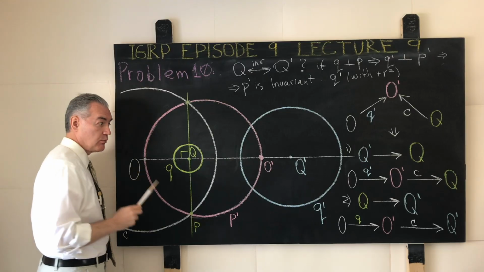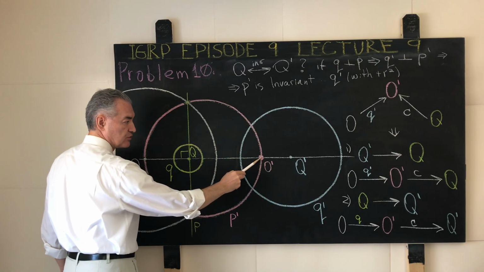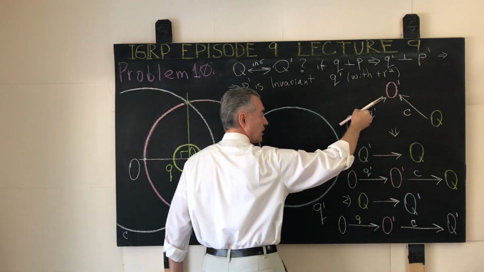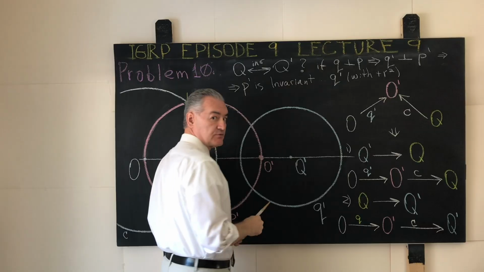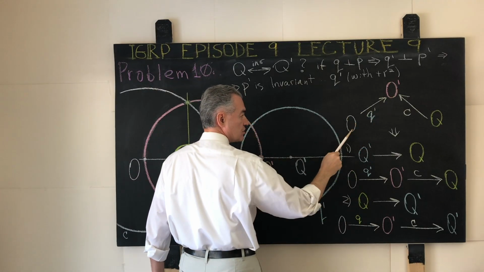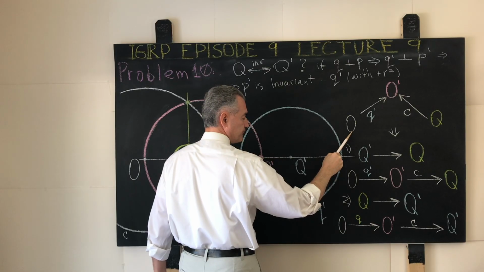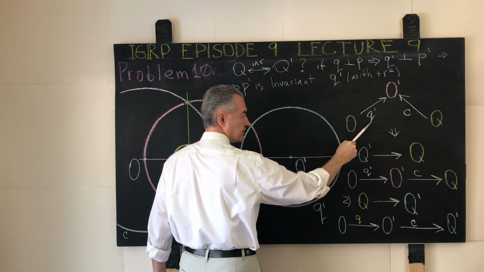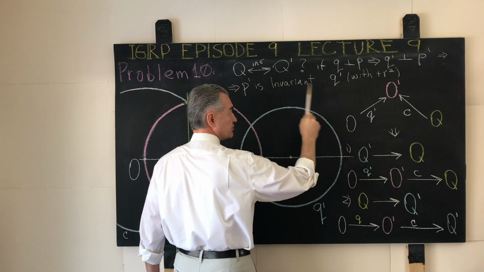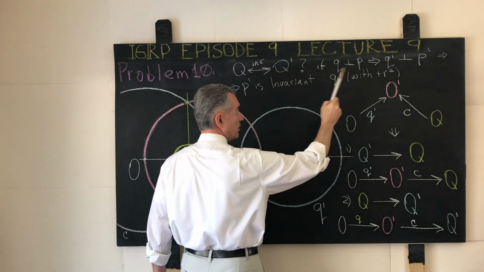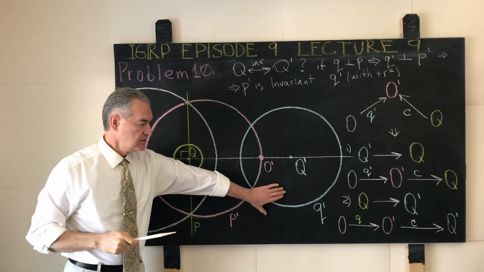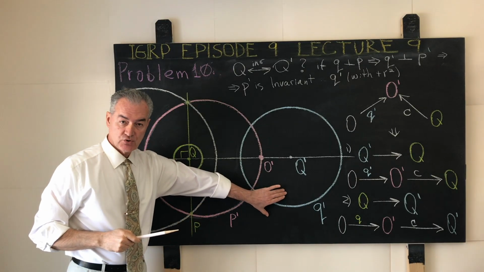And that means that our point O prime, shown over here, plays two roles at once, as depicted by two arrows. On the one hand, the point O prime is the image of the point O under the inversion of the plane with respect to the circle Q prime, as we just proved, because our circles P prime and Q prime are orthogonal, and hence the circle P prime is invariant under the inversion of the plane with respect to the circle Q prime.